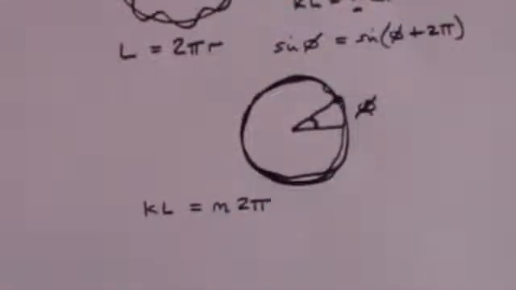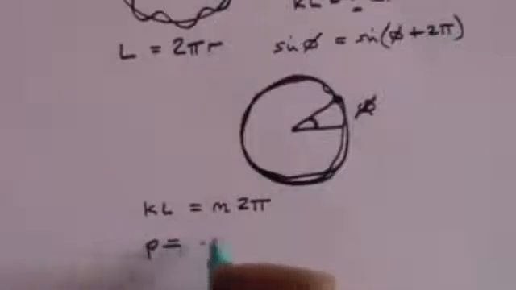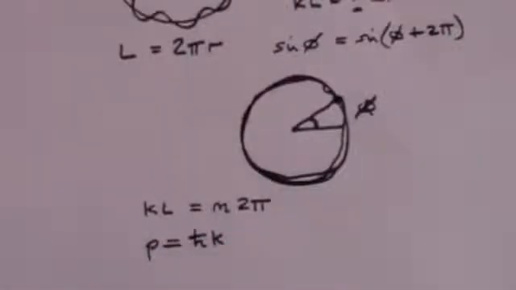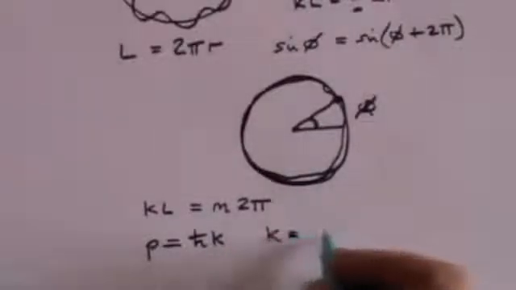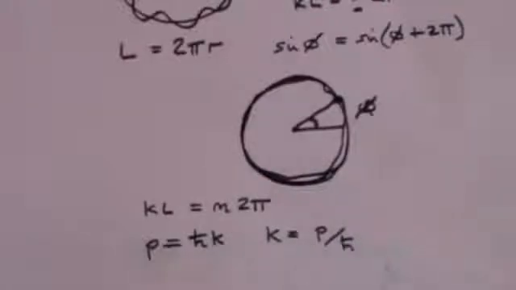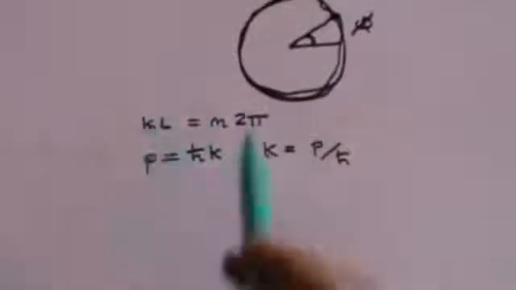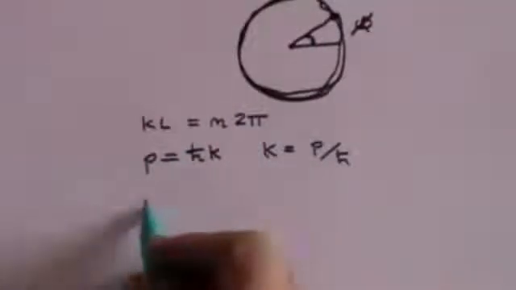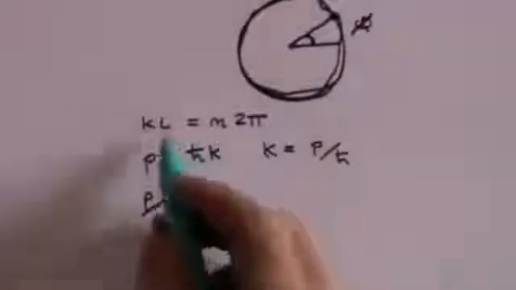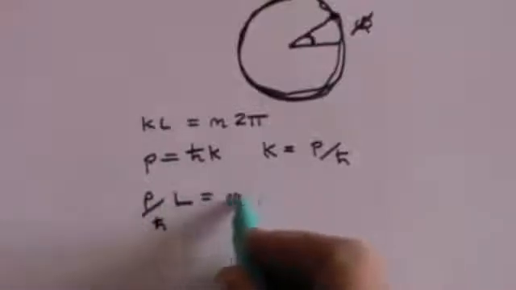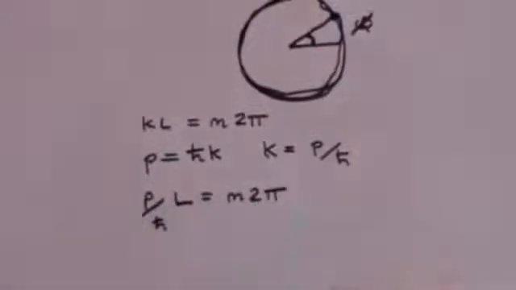But you'll remember that earlier we showed that the momentum of a wave is equal to h bar, that's reduced Planck's constant, times k, which means that k is equal to p over h bar. And if we substitute k into this equation, we get that k, which is now p over h bar, times L is equal to m times 2 pi.